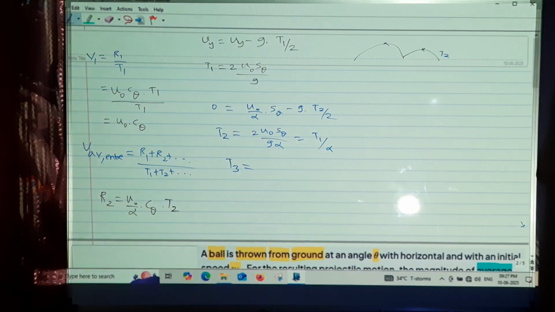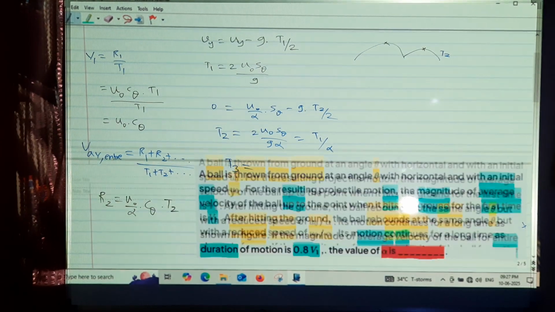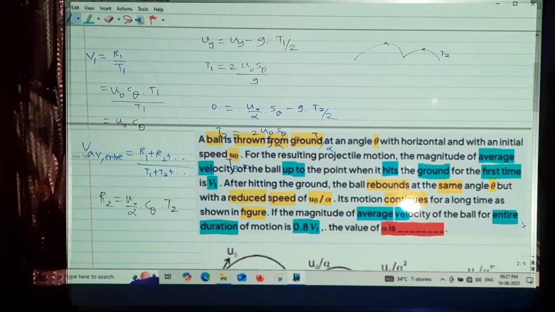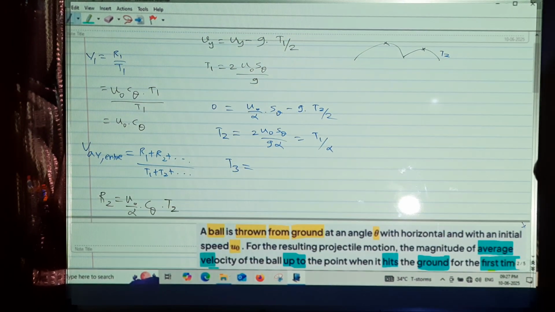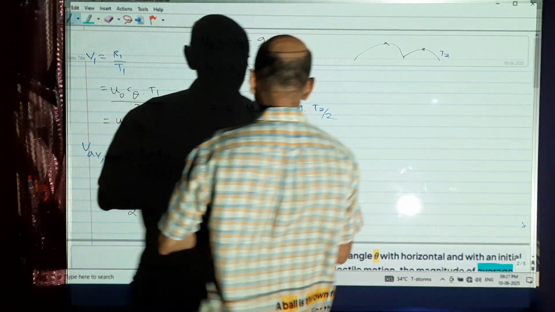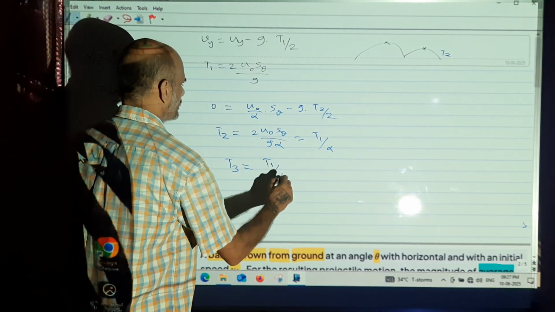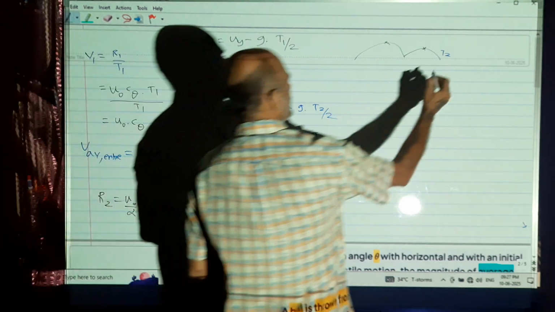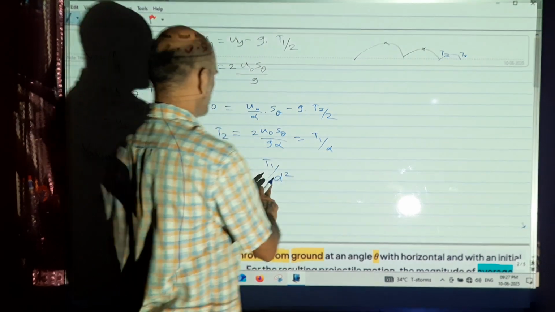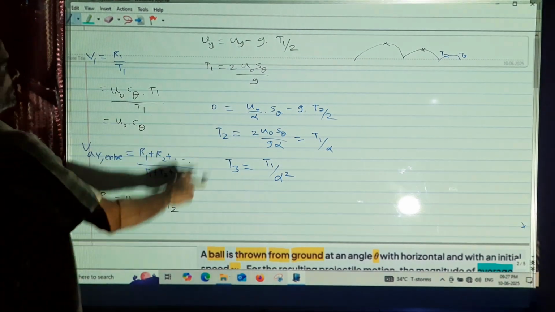Each time it rebounds, the velocity goes down by a factor 1 by alpha. So if we use that, T3 will be T1 by alpha square. So each time the flight time is getting reduced. T3 is less than T2 by a factor 1 by alpha. So this is how T1, T2, T3 varies.